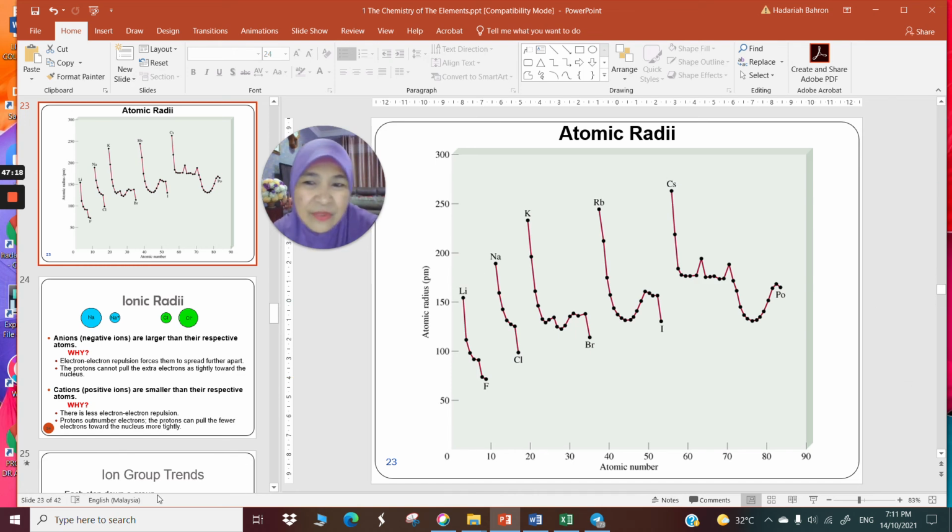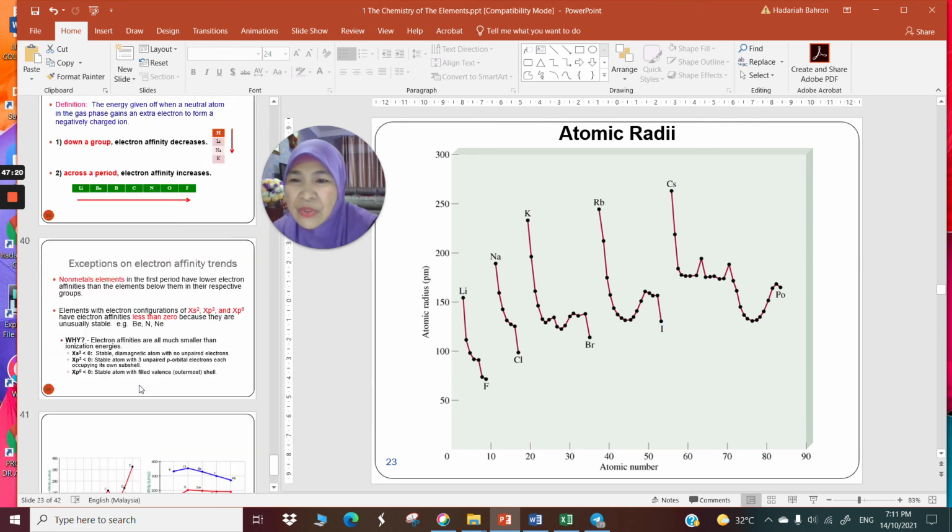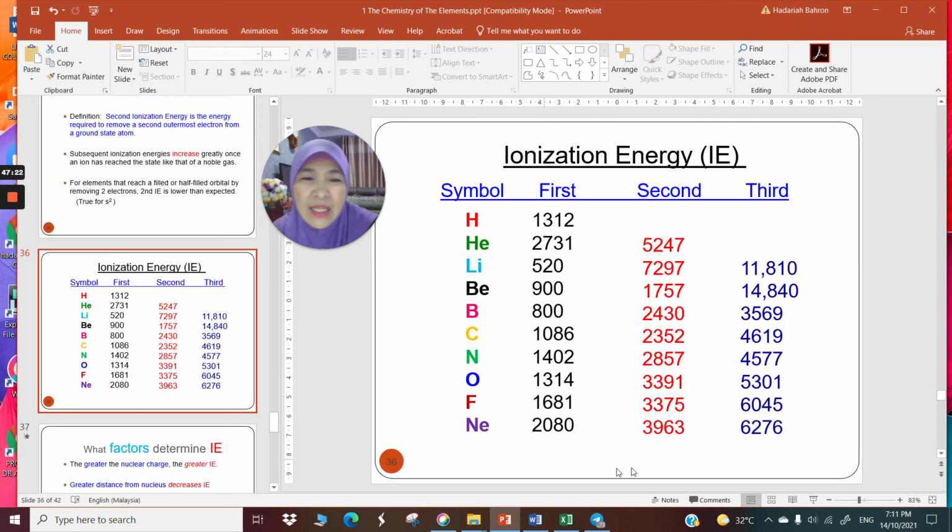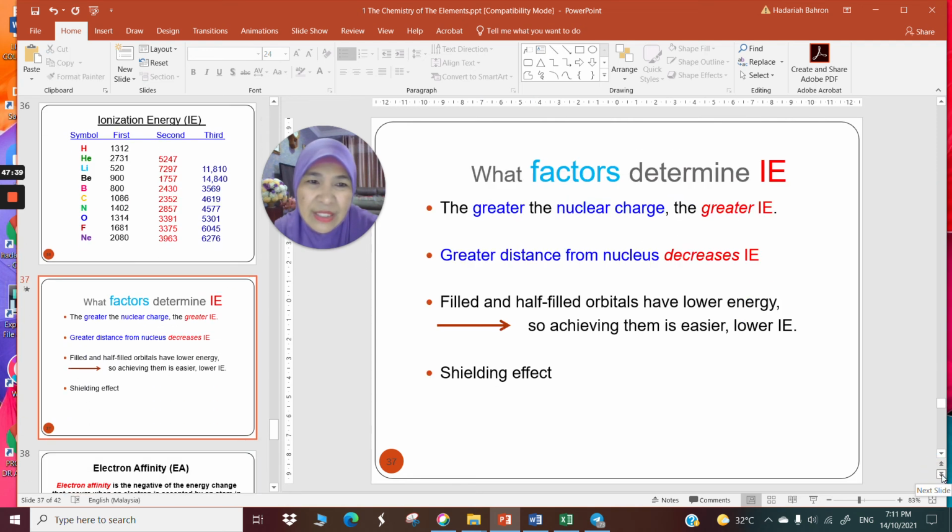So it is inversely proportional: you're going to have these numbers inversely proportional to the size. Small atoms will have high ionization energy. And the second is higher than the first. So that's the trend, like what I was explaining earlier.